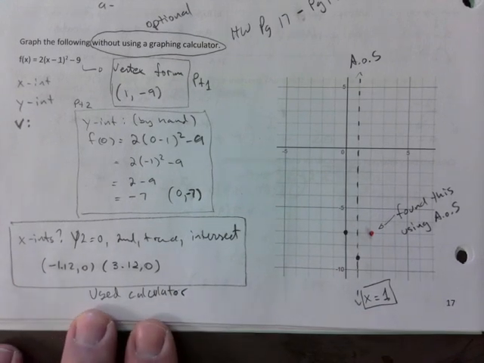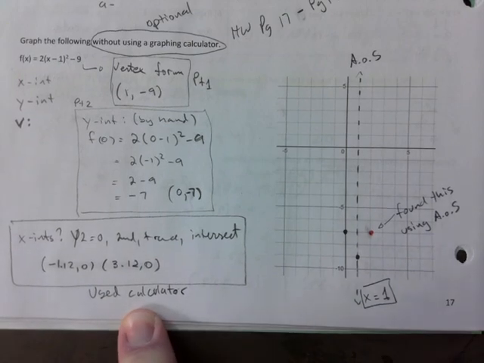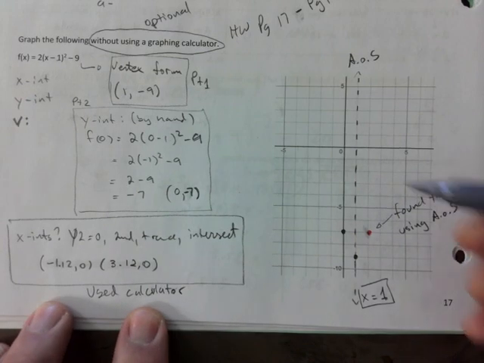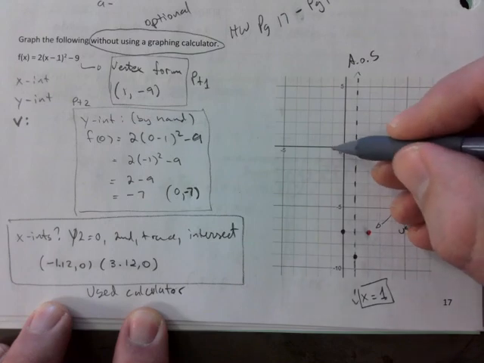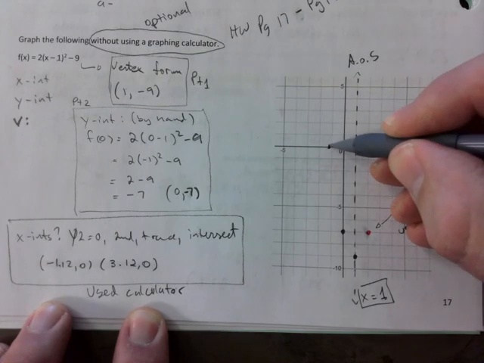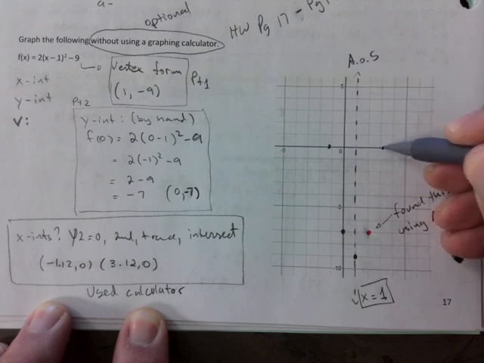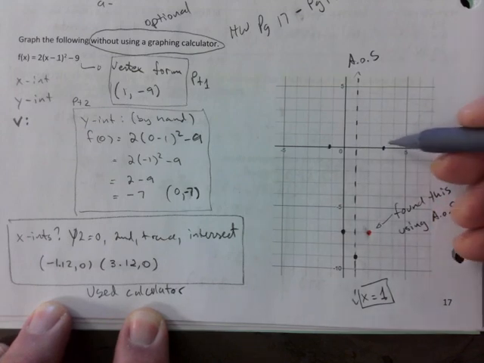But I think it's very helpful to know how to do this, to kind of visualize it without a calculator. Like, what could I do without a calculator? Because I don't want you to be too fixated on that. So negative 1.12 is right there. 1, 2, 3.12 is right there. So I'm just plotting them.